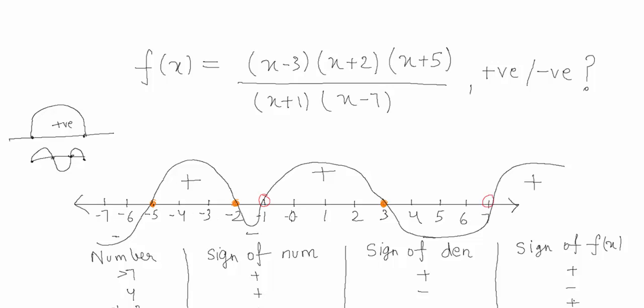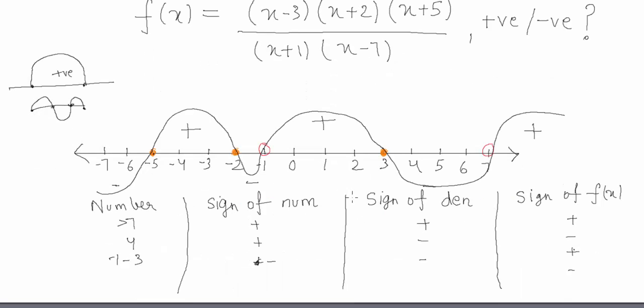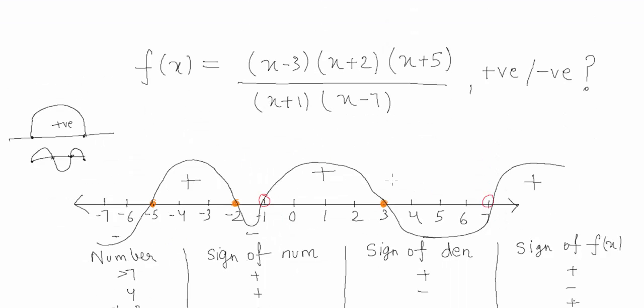I created a number line, and then I plotted all the roots and those points at which the function is undefined, and then I considered those specific intervals like beyond 7, and then from 3 to 7, and I checked what the sign of the function at those intervals was. I formulated a table, and then I created this what looked like a wave. Basically from this we can directly get our answer.